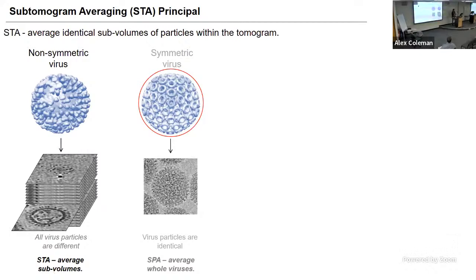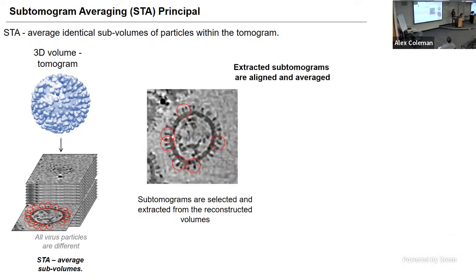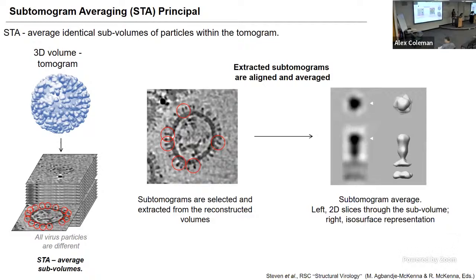Rather than in single particle analysis, where you'd average the whole virus particle, you select your individual glycoproteins from the tomograms, thousands of these, similar to what we do with single particle, and then you average these together and you get your glycoprotein structure. On the right here, you can see an example of what your subtomogram average looks like, and then a 3D rendering of that. So that's essentially the principle behind it.